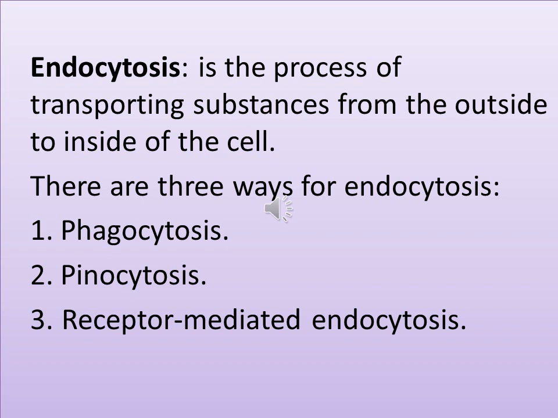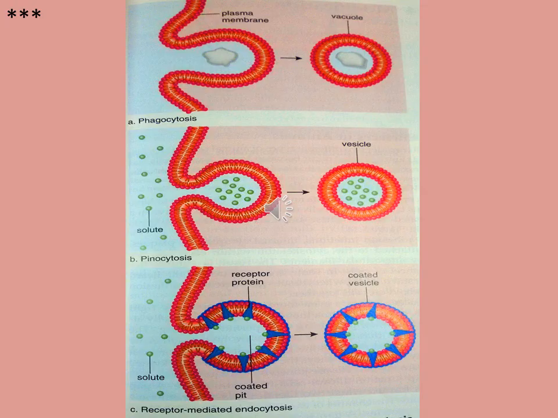Vesicles originate as invaginations from the plasma membrane, which envelop the substances, and the membrane pinches off to form the intracellular vesicle. Endocytosis transports substances from outside to inside of the cell, and there are three ways for endocytosis, which are phagocytosis, pinocytosis, and receptor-mediated endocytosis.